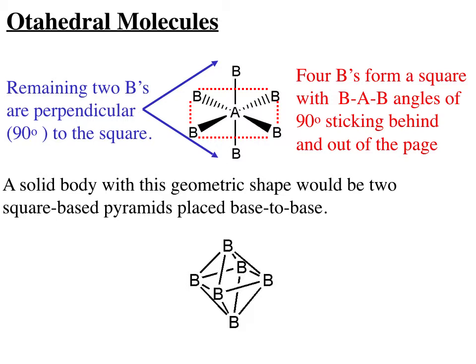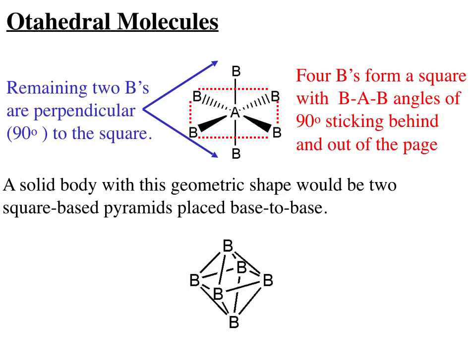Now, the reason this is termed an octahedral molecule, even though there are not 8 Bs attached to it, is that if you were to make this into a so-called platonic solid, it would have 8 sides to it. The picture at the bottom is attempting to represent that in a 2-dimensional way. The equatorial Bs you see in the center and the axial Bs are above and below.